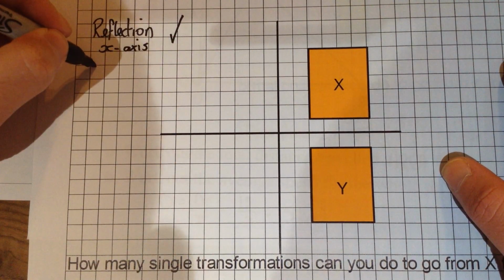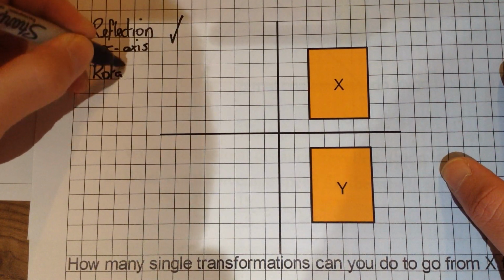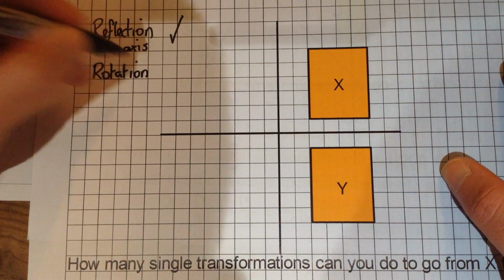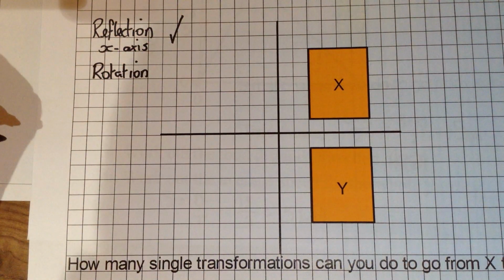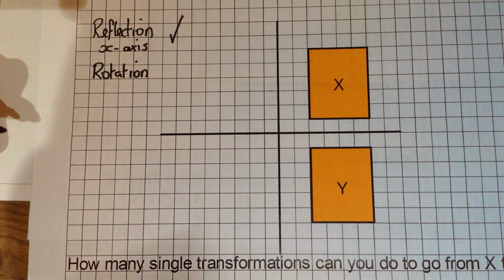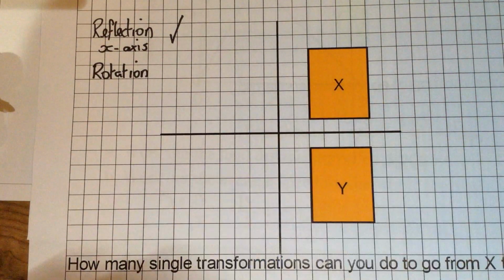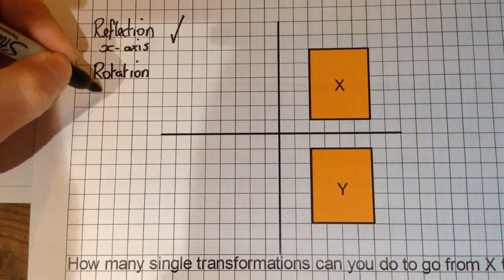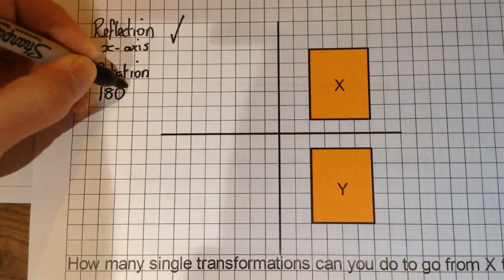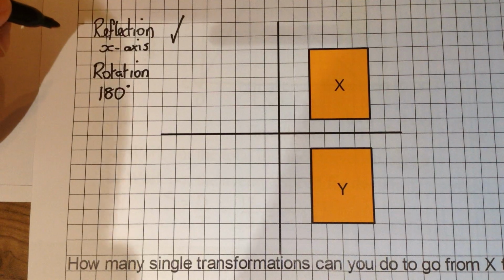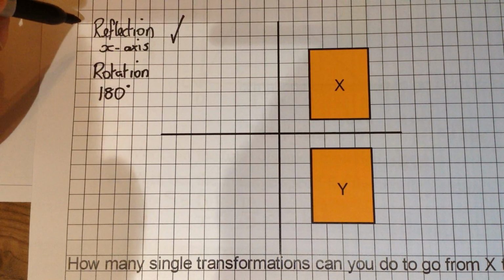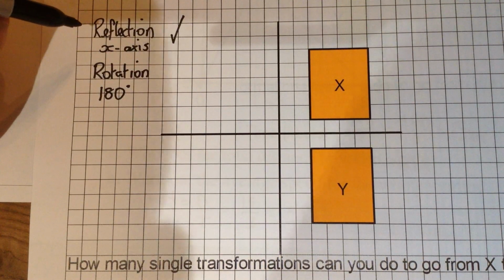The next one we can use is a rotation. That would mean I need to rotate X about a particular point in a certain direction and also with a certain number of degrees to land on top of Y. Well, if we look, it's been spun all the way round, so it's a 180 degree turn. For 180 degree turns, it doesn't matter if it's clockwise or anti-clockwise, but check the one in the exam.